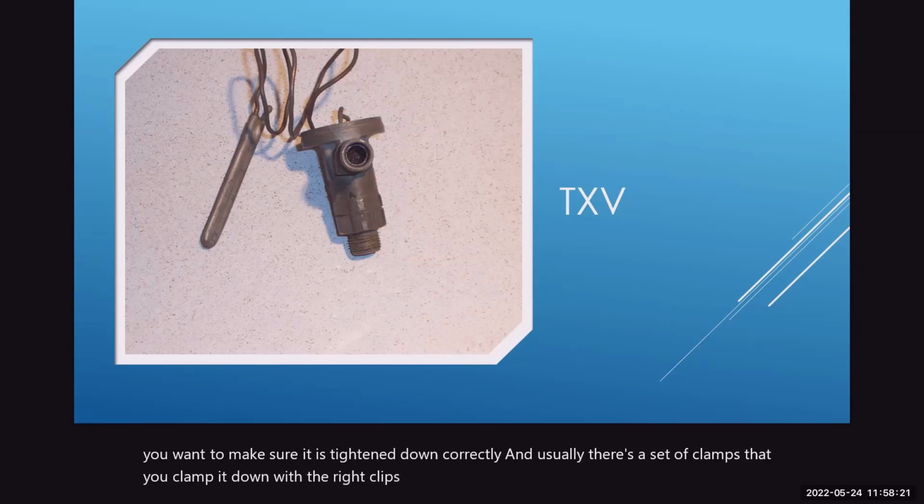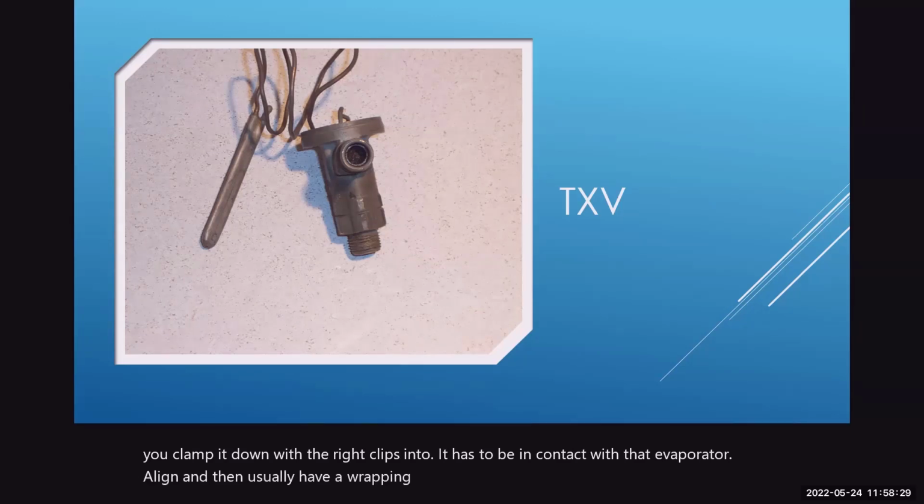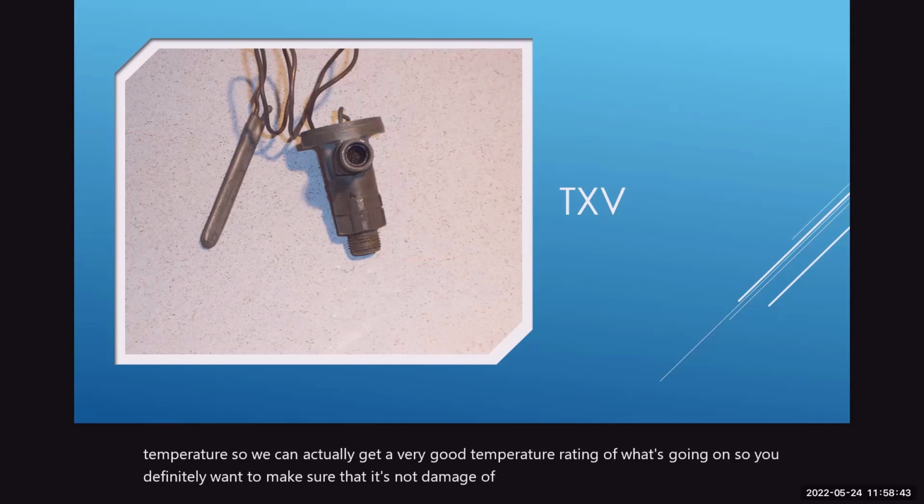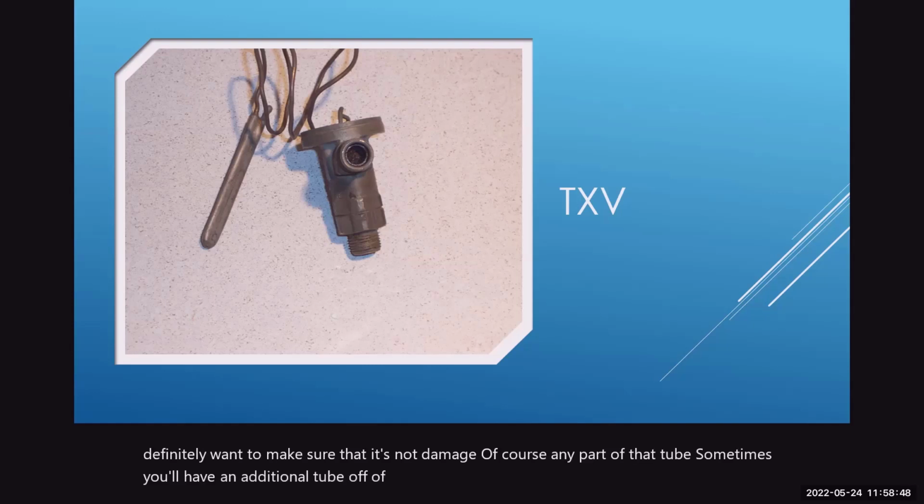It has to be in contact with an evaporator line, and then they usually have a wrapping going around it to isolate it from the inside temperature, so we can get a very good temperature reading of what's going on. So you definitely want to make sure that it's not damaged, of course, any part of that tube. Sometimes you'll have an additional tube off of it too that goes right into the evaporator itself.